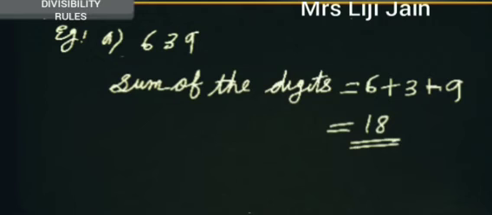Is 18 divisible by 9? Yes, 18 is in 9's table, isn't it? 2 9s are 18. So since 18 is divisible by 9, we can say that the given number is also divisible by 9. Understood? Very easy.